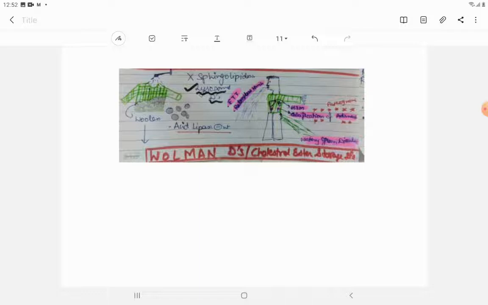We can also see that his liver and spleen are involved.